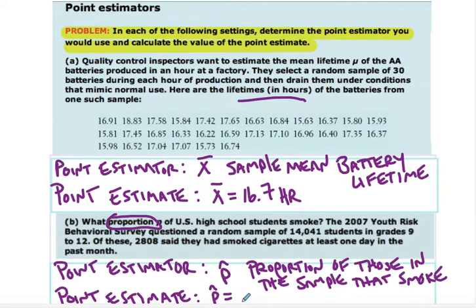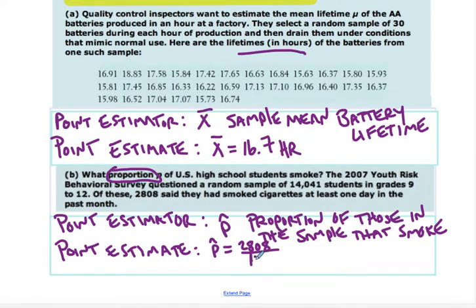How many students out of how many students smoked? It was 2,808 out of our sample of 14,041. You would type that in your calculator and you're going to get 19.99% of people in the sample said that they smoked.